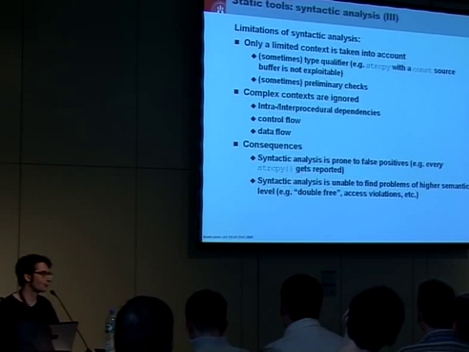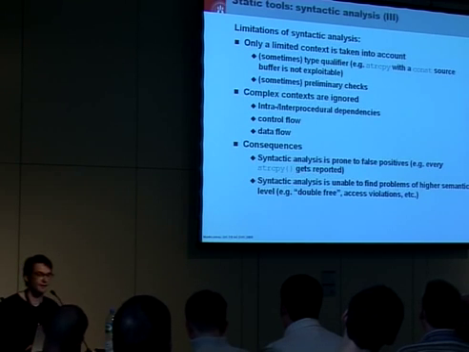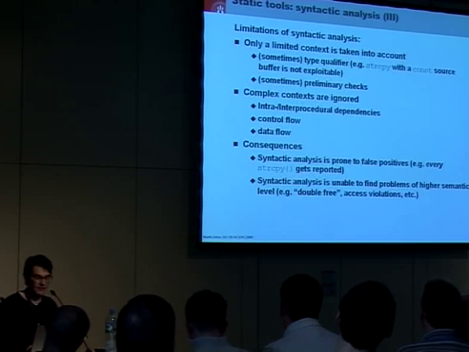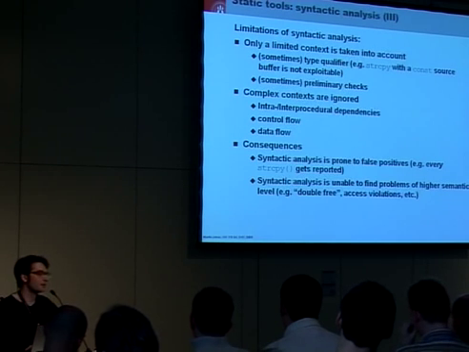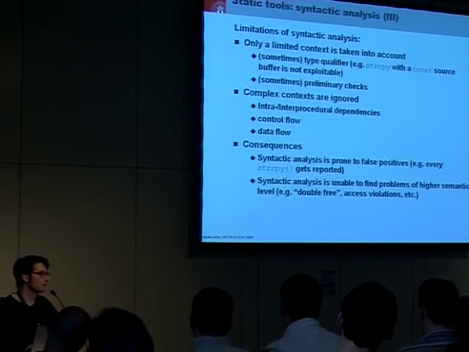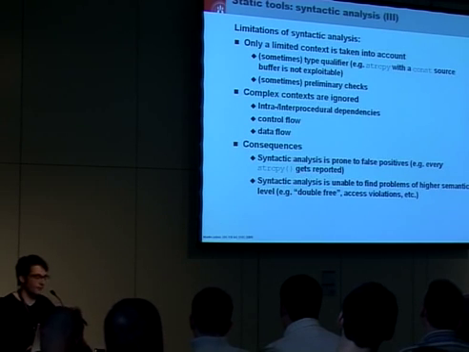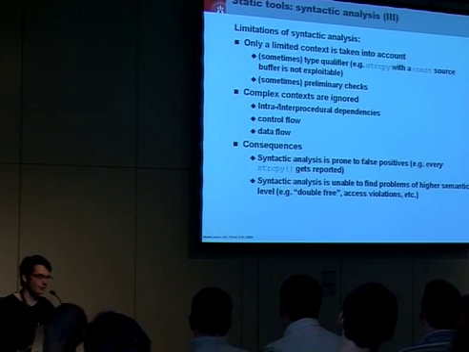So even if our program is totally secure, Flawfinder might warn us about 500 times. Other problems may lie on a higher semantic level, so stuff that is caused because of a sequence of instructions. For example, a double free problem. Syntactic tools are not able to find those problems.